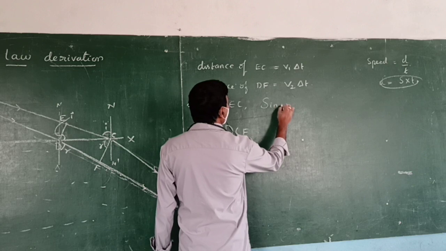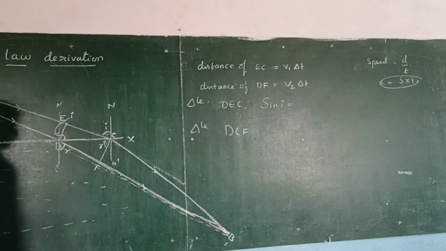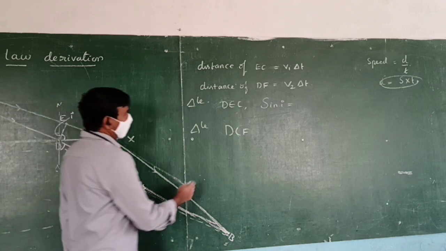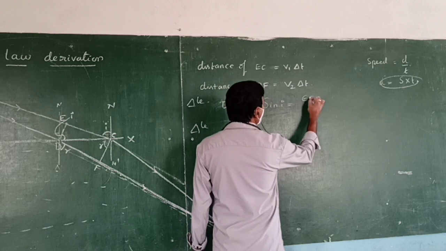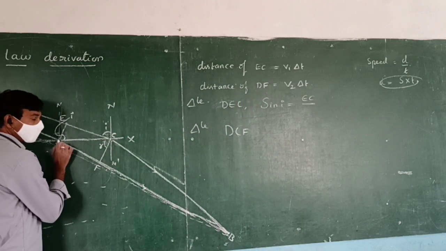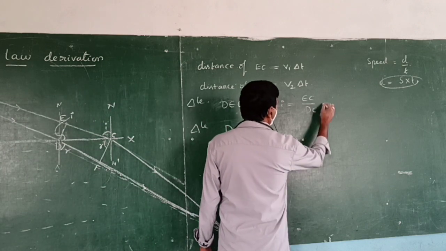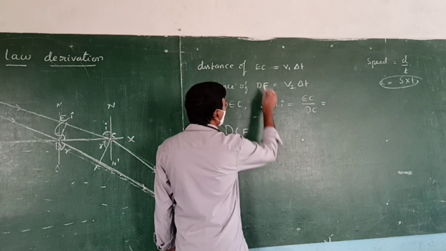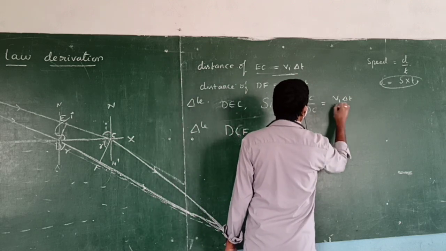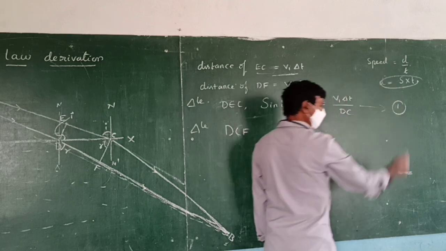Sine i equals opposite side by hypotenuse. The opposite side is EC and the common hypotenuse is DC. So sine i equals V1 delta t by DC. Let us keep this in mind as equation 1.